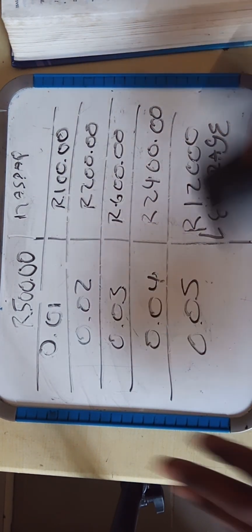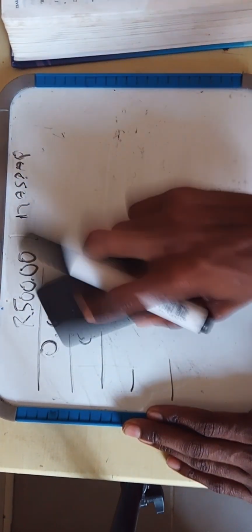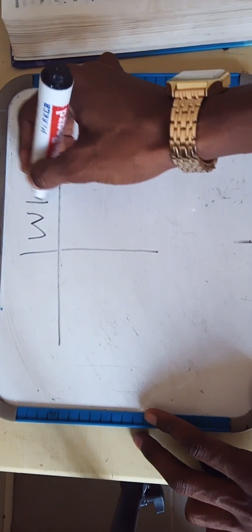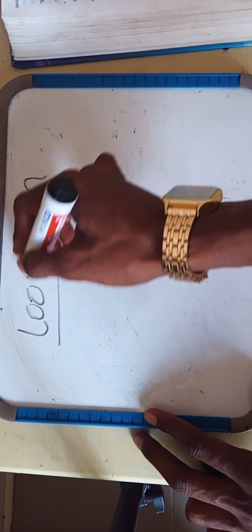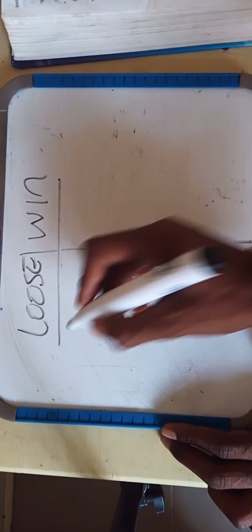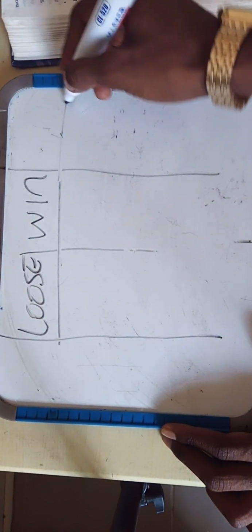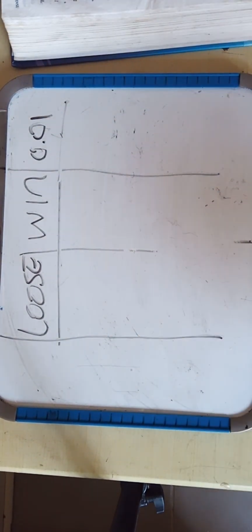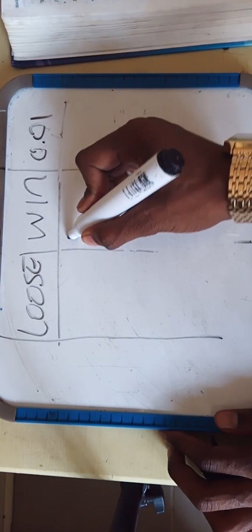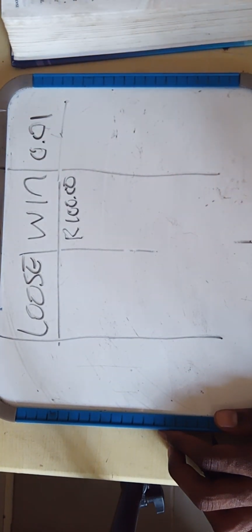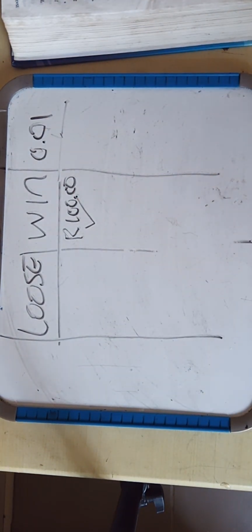And also, remember, when it comes to forex trading, there's two things. Either you are going to win, or you are going to lose. So when you use a lot size, let's say you are using a lot size of 0.01, you win 100 rand if the market is in your direction.